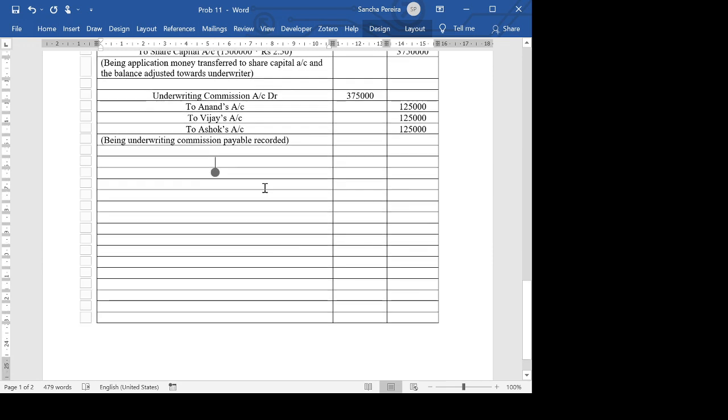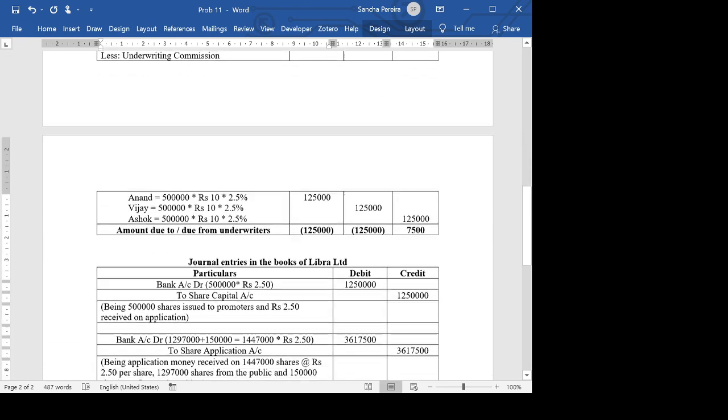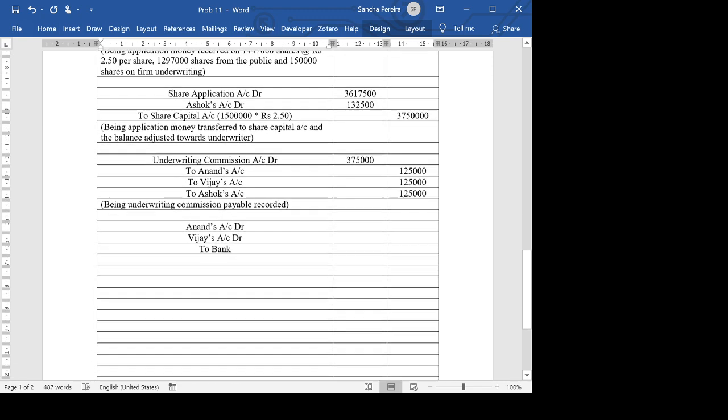Anand's account debit, Vijay's account debit to bank, because the company is paying them 1,25,000 each.